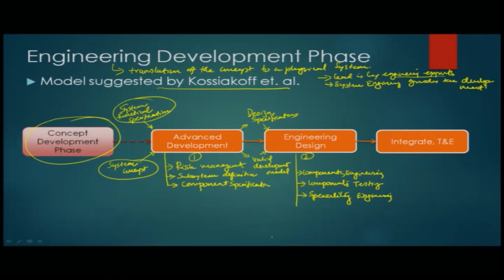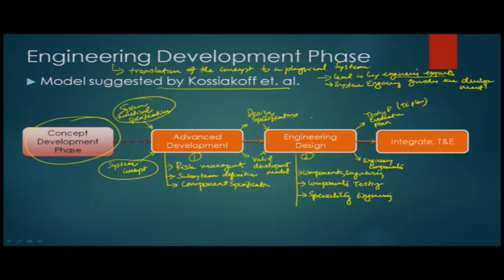So, these aspects get done as the engineering design, and you get two outputs. The first output is the testing and evaluation plan, usually called the TE plan, and the other output is the engineered components, the different components of the system.